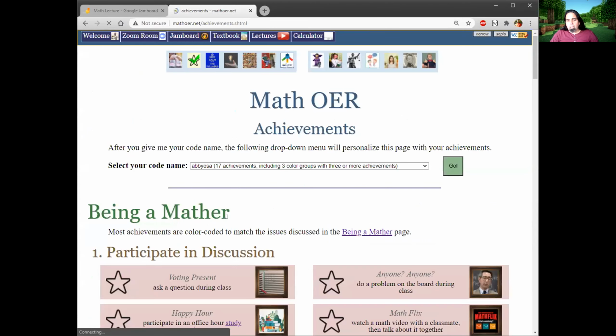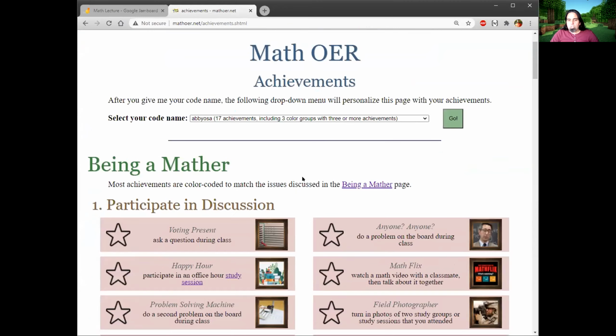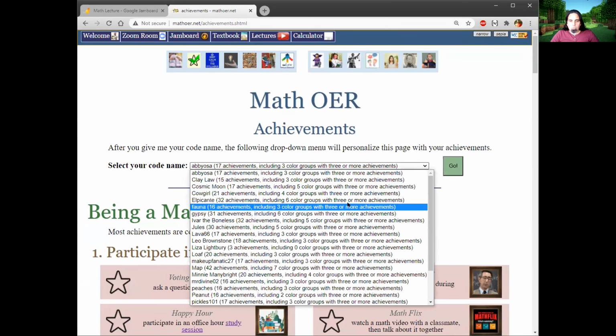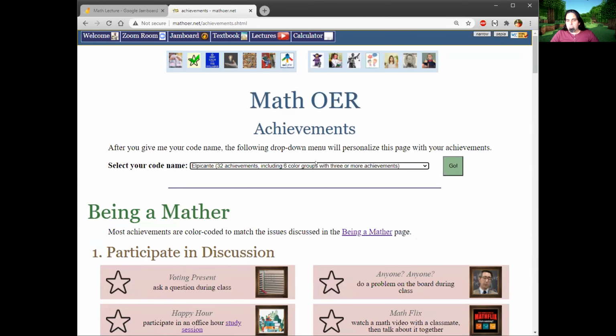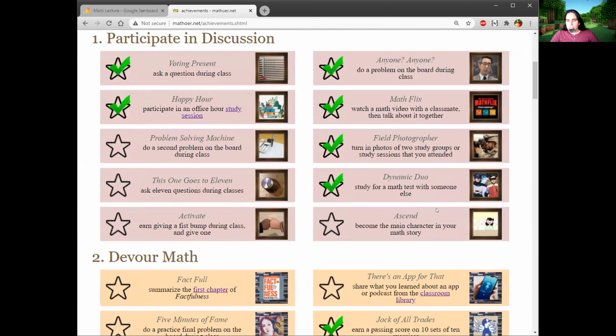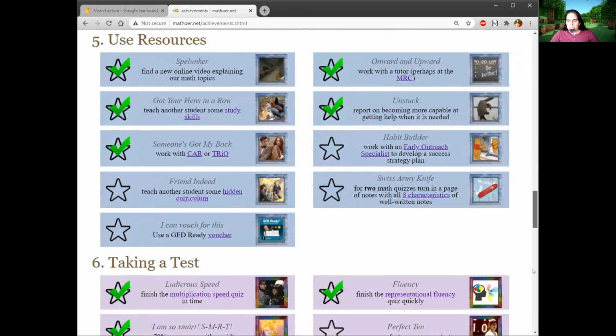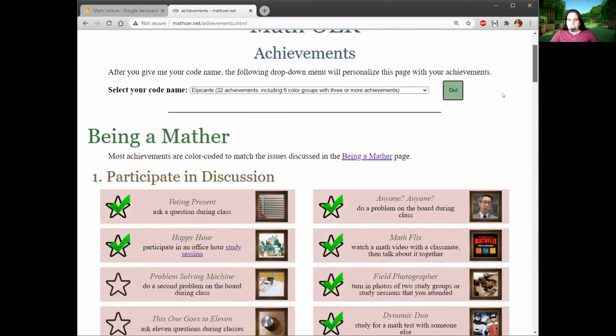The topics link to your achievements page. I haven't updated the sample students yet. They are still some of my students from last term, but you'll pick your code name, give me a code name and then click go, and you'll see which things you have checked off. And there are oodles of achievements. So I do achievements for a couple reasons.